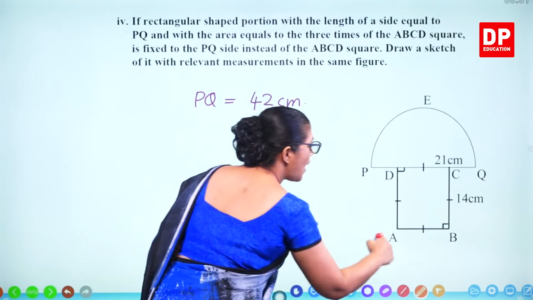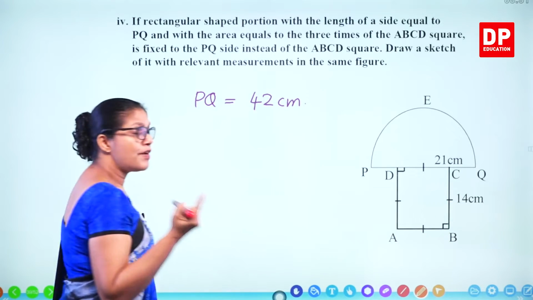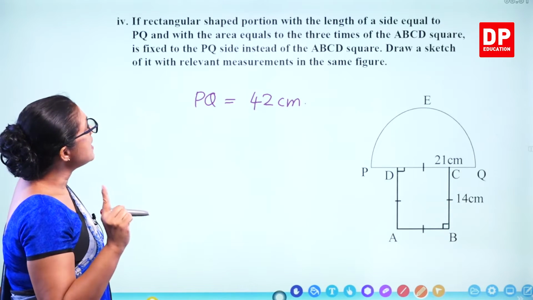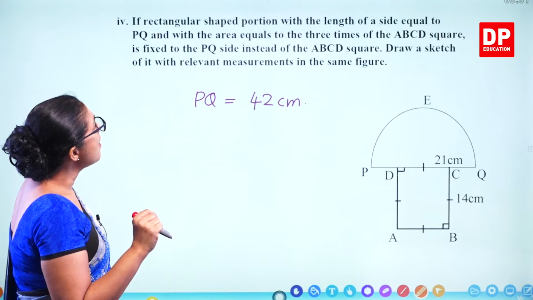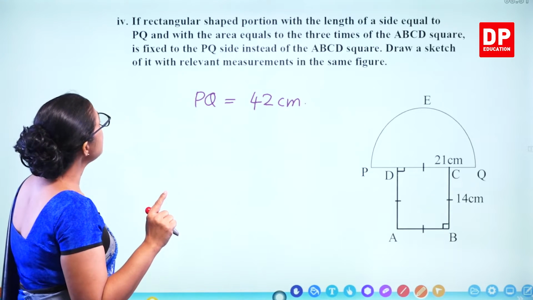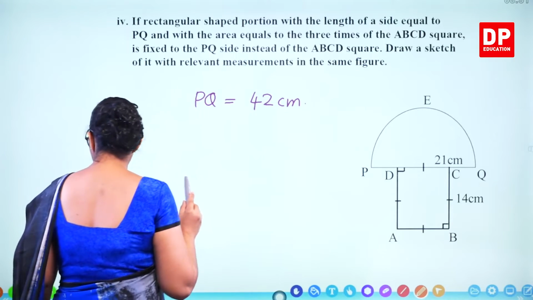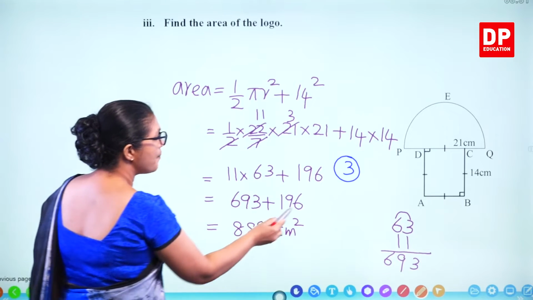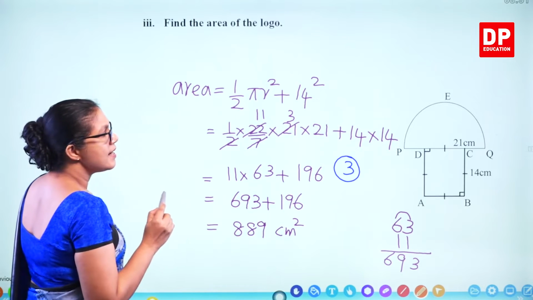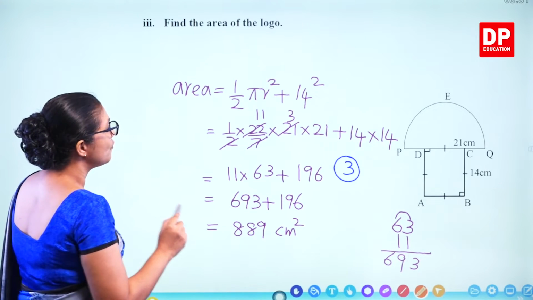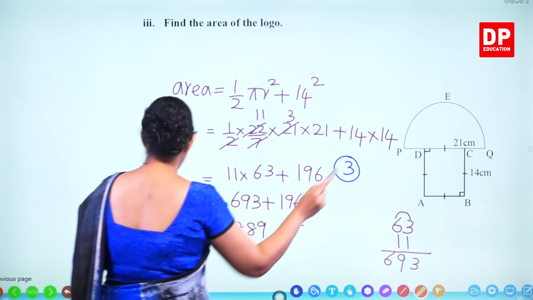Now we need to find out what's the width of the rectangle. So what is the area? Area, it says 3 times the ABCD square. So what's the area of the square? That's 196. We found out the area of the square, 196.